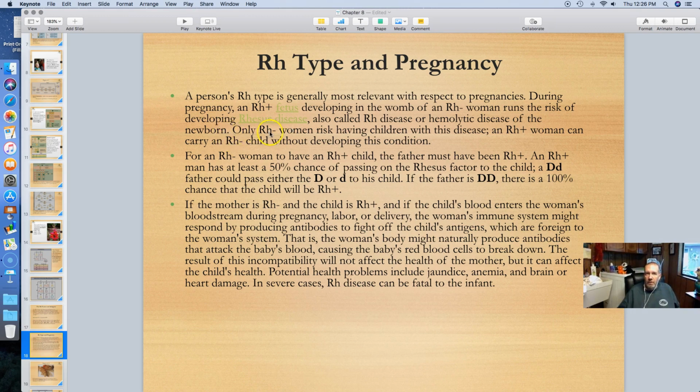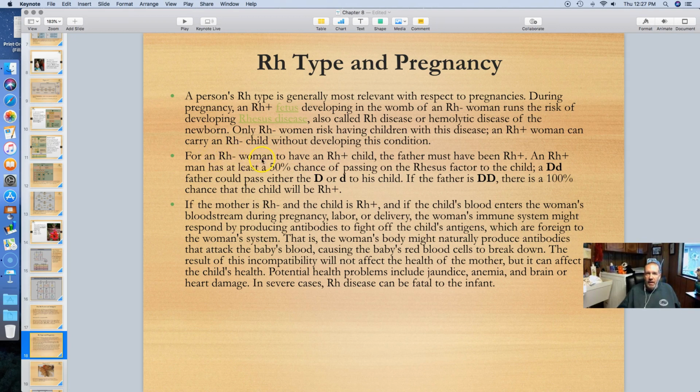So only women with Rh negative are at risk because, again, it's a bit of a random chance, but there's a chance that you could have a problem during pregnancy or have a child that would be born with a problem. And so basically the blood test would be testing for this rhesus factor.